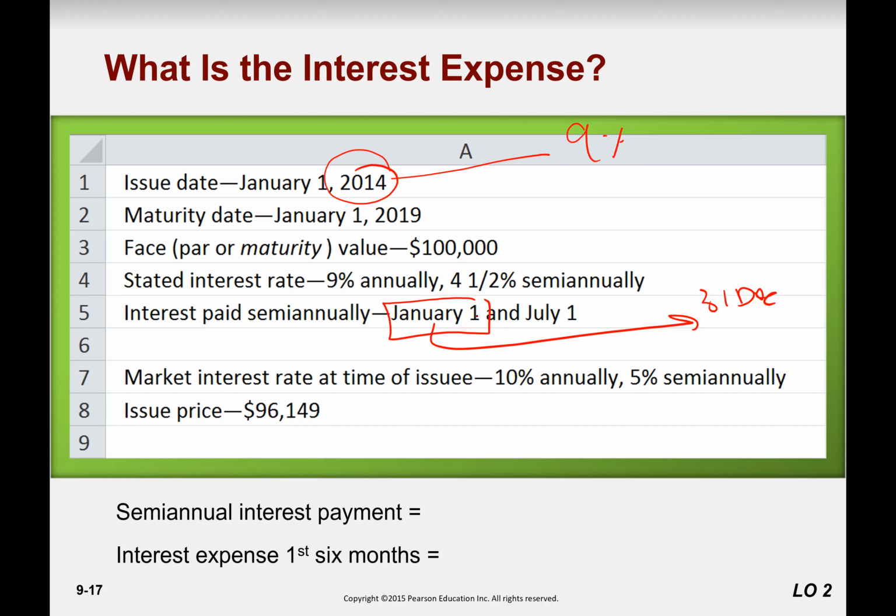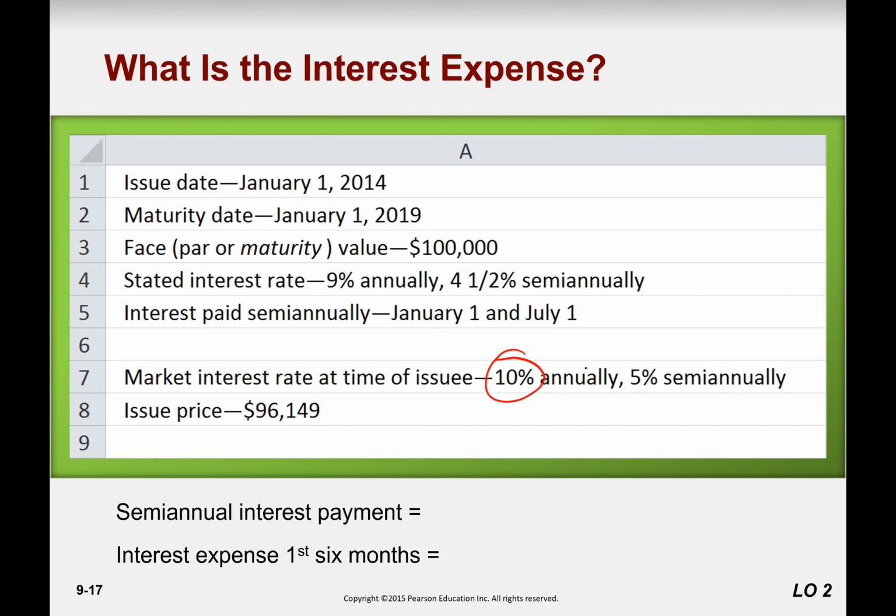The payment, of course, goes to the next year. We'll see the treatment. Market interest rate is 10%, which means 10% semi-annually, 5% every 6 months. So you see 10% and 9%, it means bonds are issued at a discount. And bond value is 96,149.